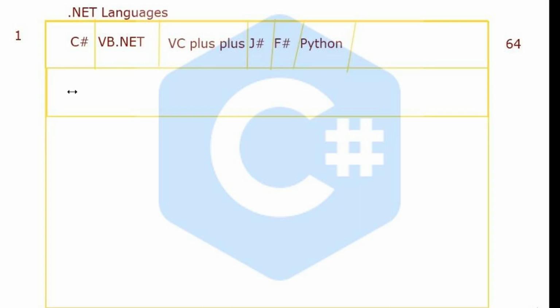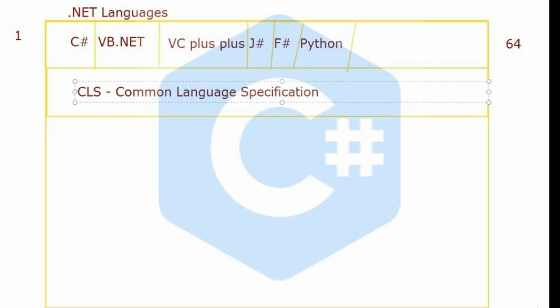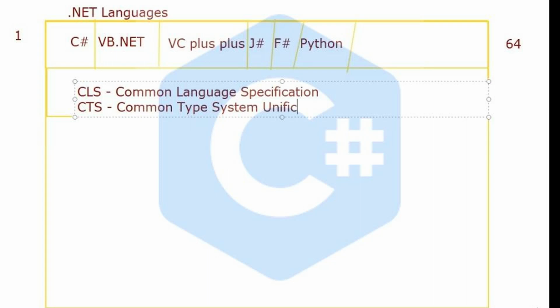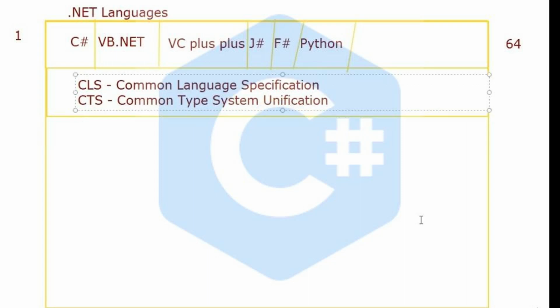So layer 2 will talk about CLS, Common Language Specification, and CTS, Common Type System unification. These are all the set of rules.